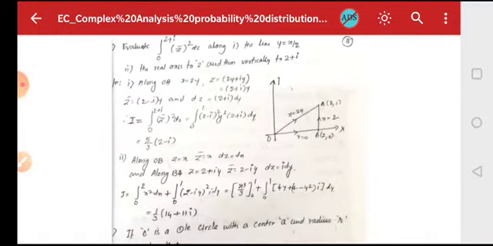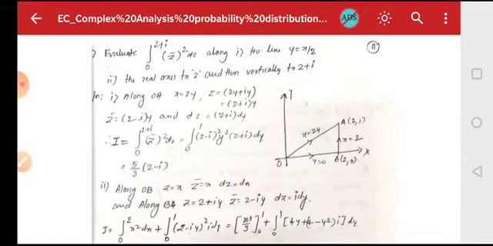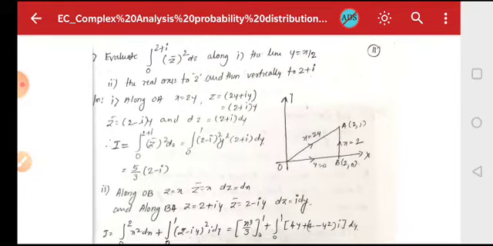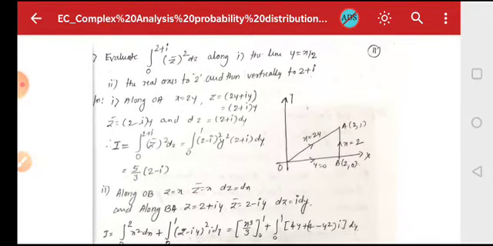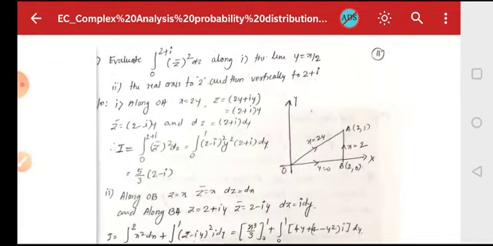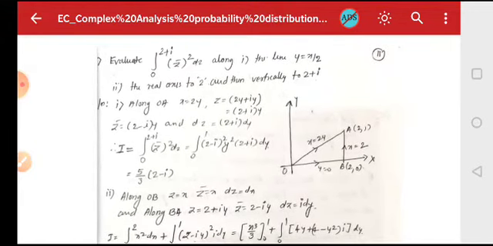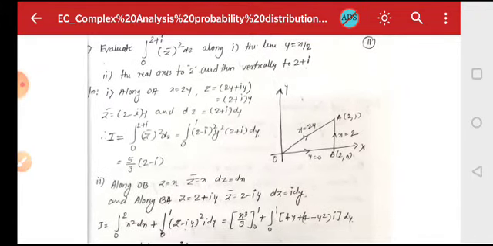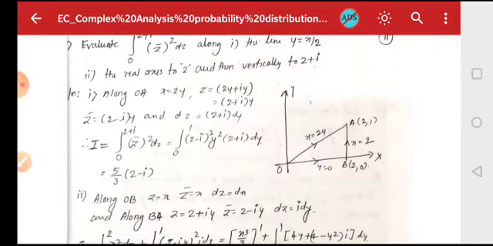Now the next example: evaluate the integral from 0 to 2 plus I of z bar square dz along first the line y equals x by 2, second the real axis to 2, and then vertically to 2 plus I. In the first case, along OA, x equals 2y, and therefore z equals 2 plus I into y, and z bar equals 2 minus I into y, dz equals 2 plus I into dy.